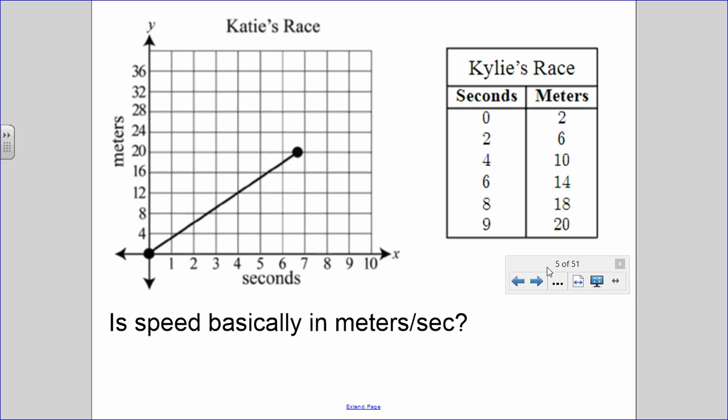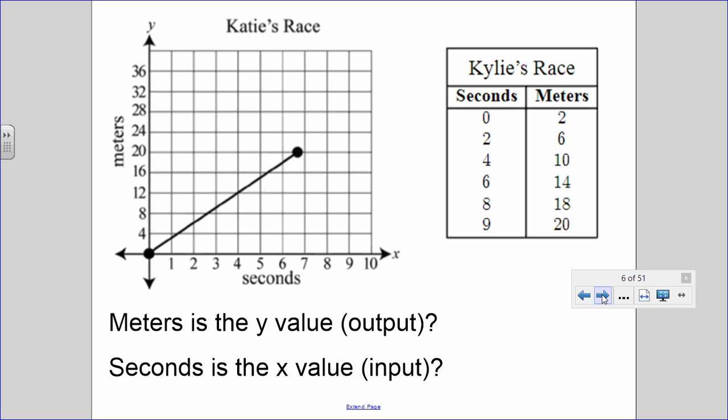Basically, we start out with trying to look at what is on this graph. Is speed basically time and distance? Well, this graph has seconds and meters, right? So the meters are the y value right here, and the seconds is the x value.